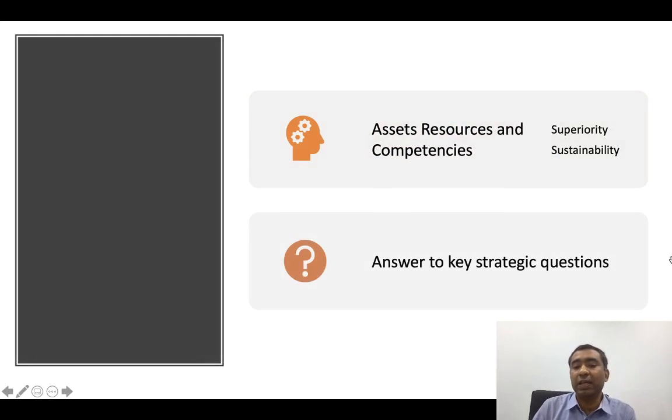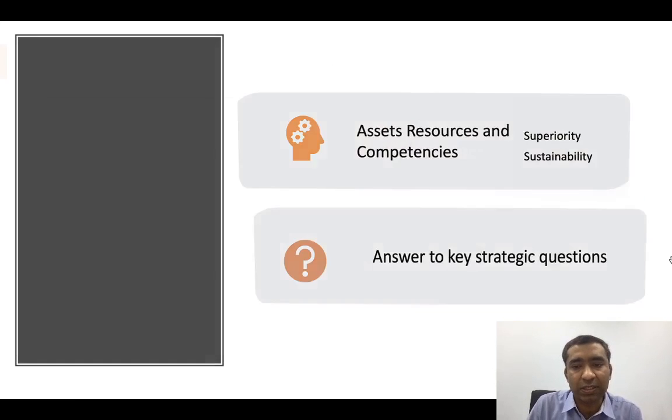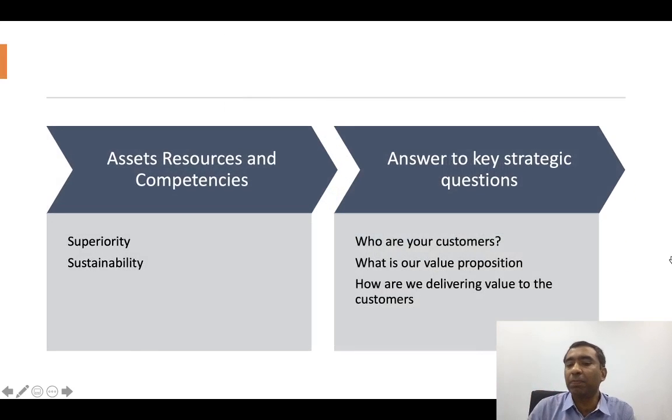The second thing is answering the key strategic questions. What are these questions? These are three very important questions. Who are our customers? What is our value proposition, meaning what are we offering them? And how are we going to deliver that value to our customers in terms of product or services?